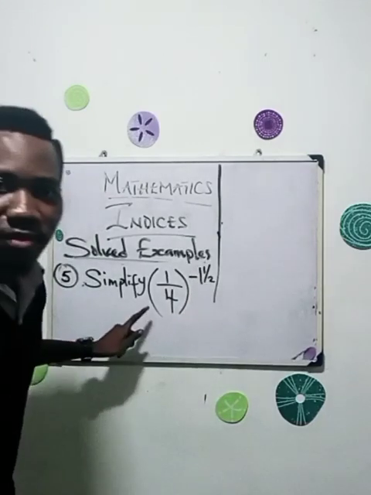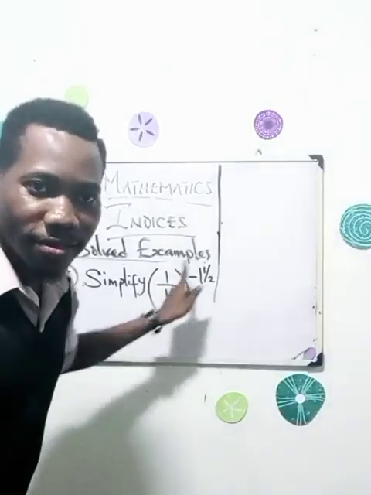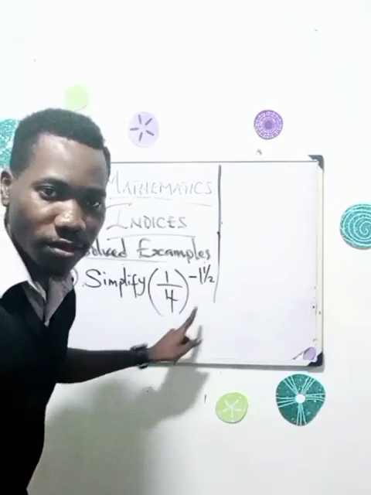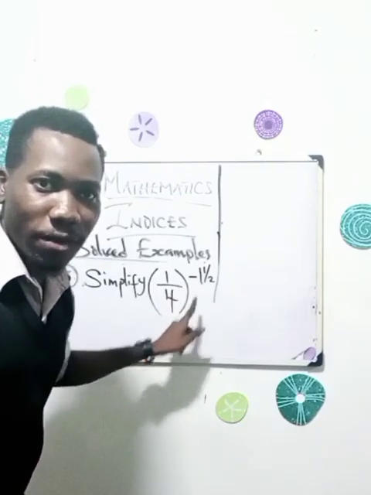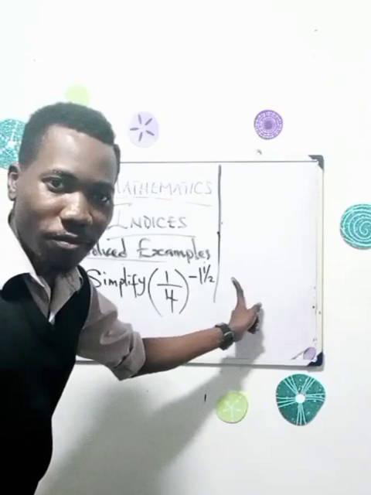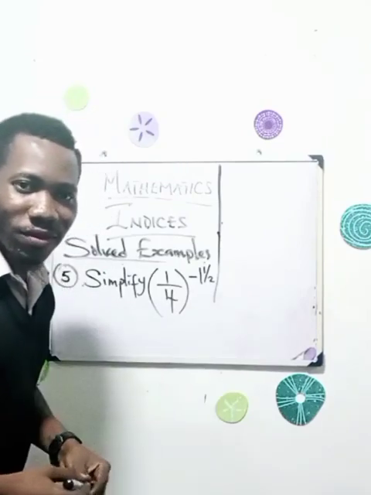So this is the question. Simplify 1 over 4 in brackets raised to the power of minus 1.5.